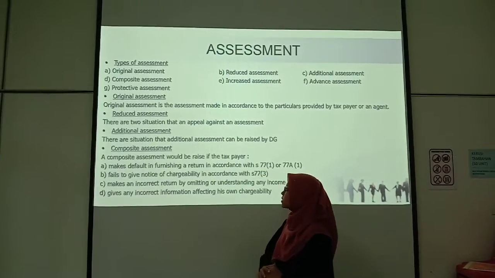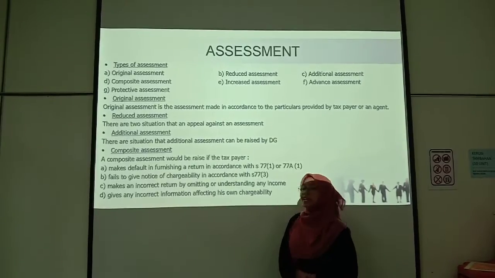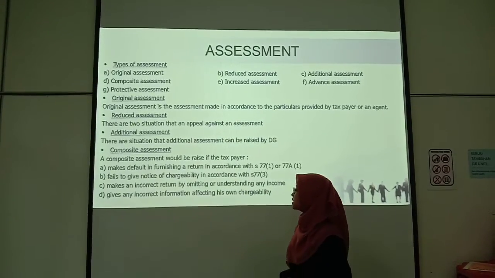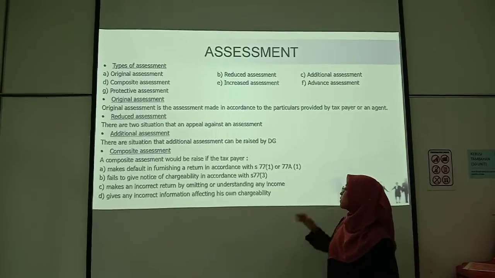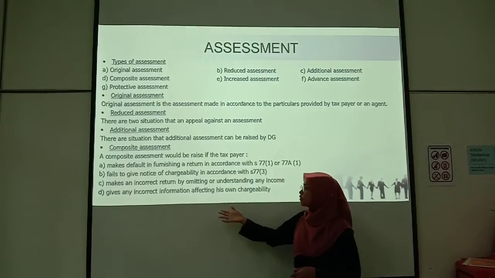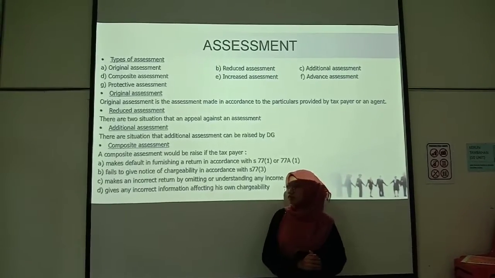Next, for composite assessment, it will be raised if the taxpayer, first, makes default in furnishing a return in accordance with Section 77(1) or 77A(1). Second, fails to give notice of chargeability in accordance with Section 77(3).